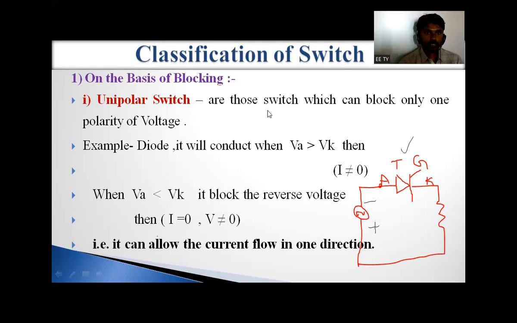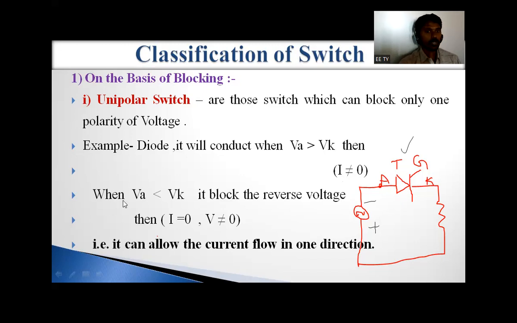Okay, so unipolar, those switches which can block only one polarity of the voltage. So for example, diode, okay, it will conduct only when VA greater than VK, means anode voltage is greater than the cathode voltage, then only it can conduct.